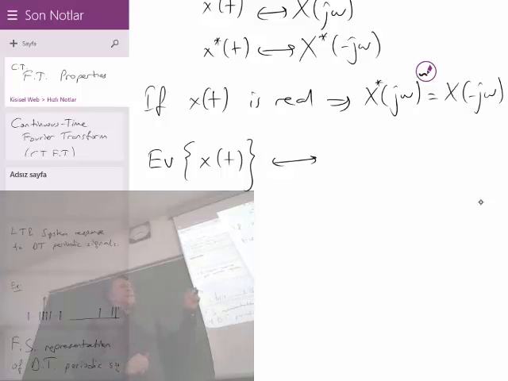By the way, when I asked this in the examination, some of the students asked the assistants the meaning of this. They even asked whether it means expected value or something like that. It's the even part. And what is the even part? The even part is the symmetric around the origin portion of the same signal. What are even signals? A typical example is the cosine. Cosine is an even signal, symmetric around origin, which means x of t is equal to x of minus t.